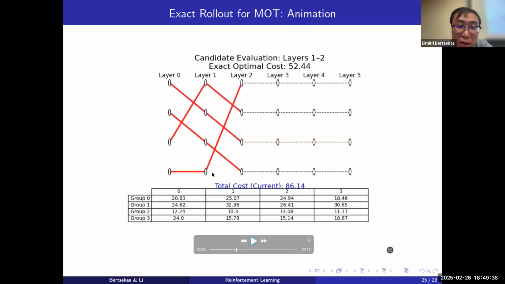At this layer, previously it was the horizontal assignment, right? Now we compute a cost matrix between layer 1 and layer 2, whereby, for example, the cost of this arc will be the cost of this grouping, and the cost of this arc is the cost of this grouping.